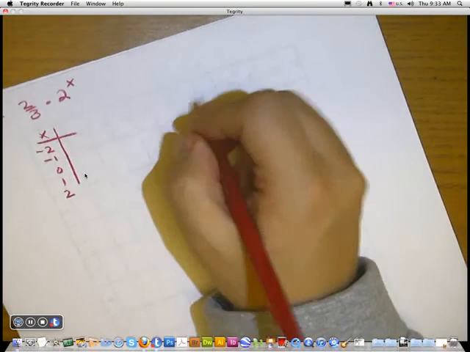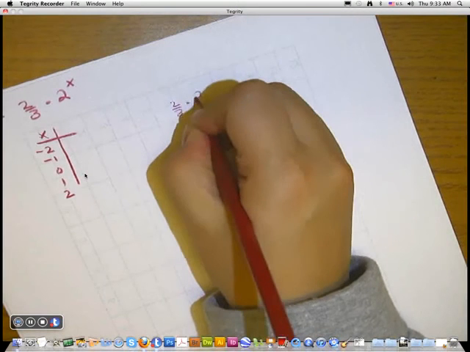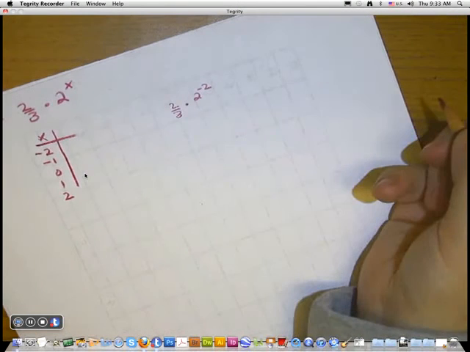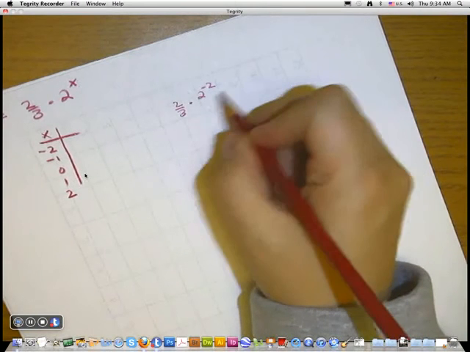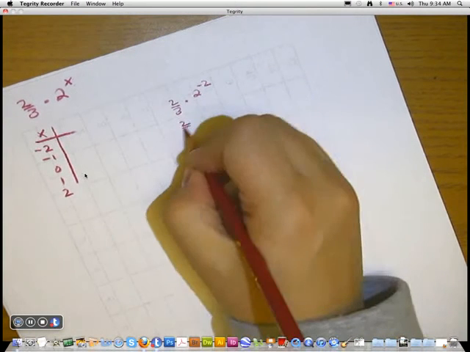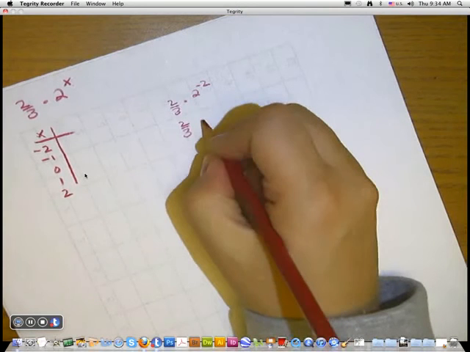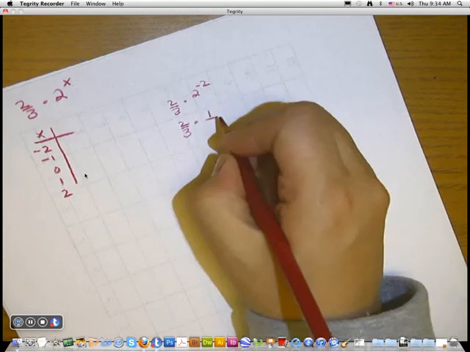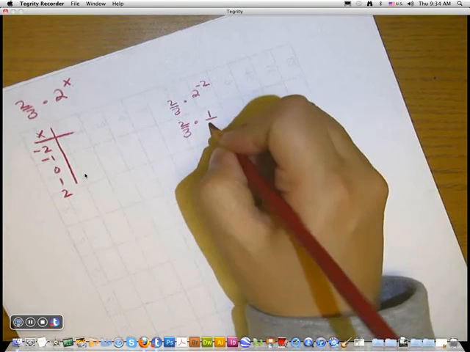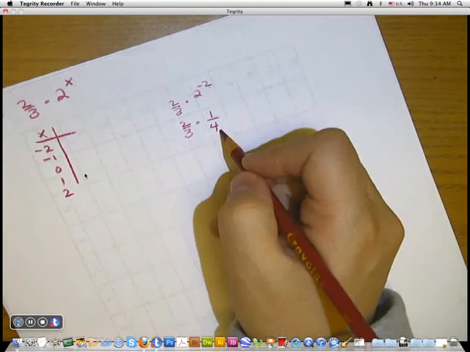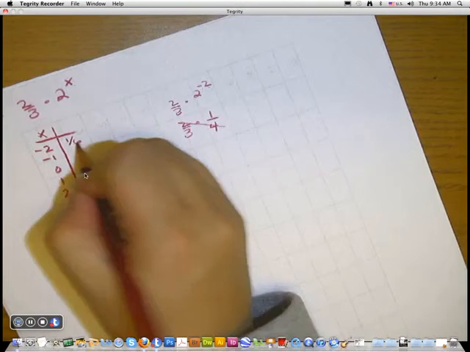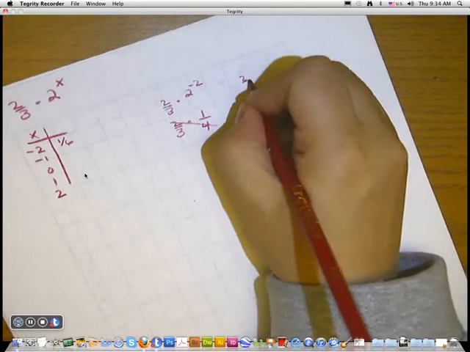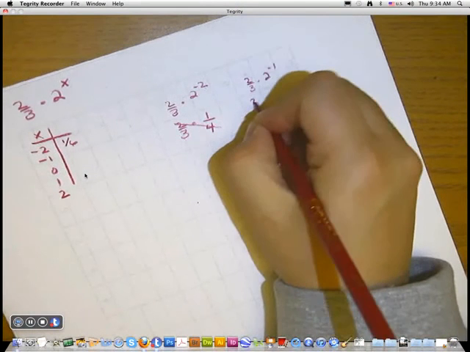So I'm going to get 2/3 times 2 to the -2. Now, last chapter before Christmas break, we talked about how that works. That becomes 2/3, negative crosses the line, changes the sign, and 2 squared is 4. So altogether, when we reduce this, we get 1/6. Then you're going to do 2/3, 2 to the -1.